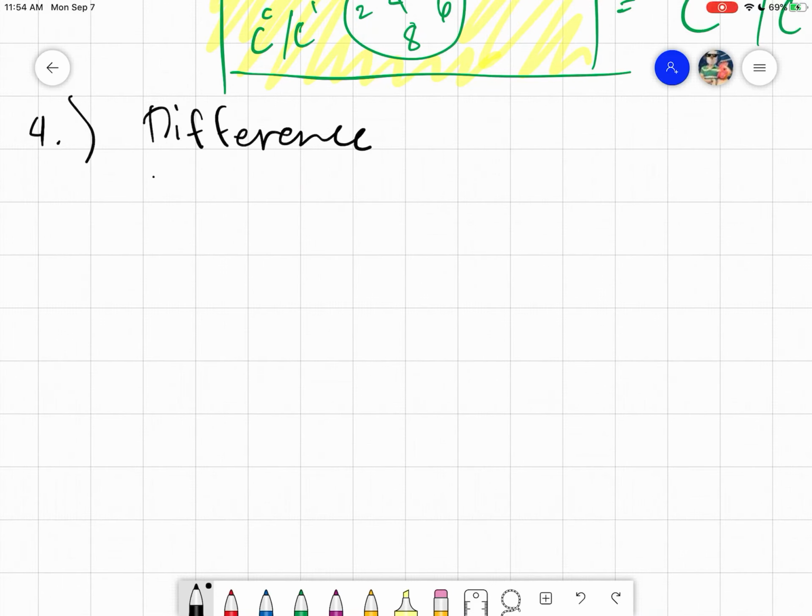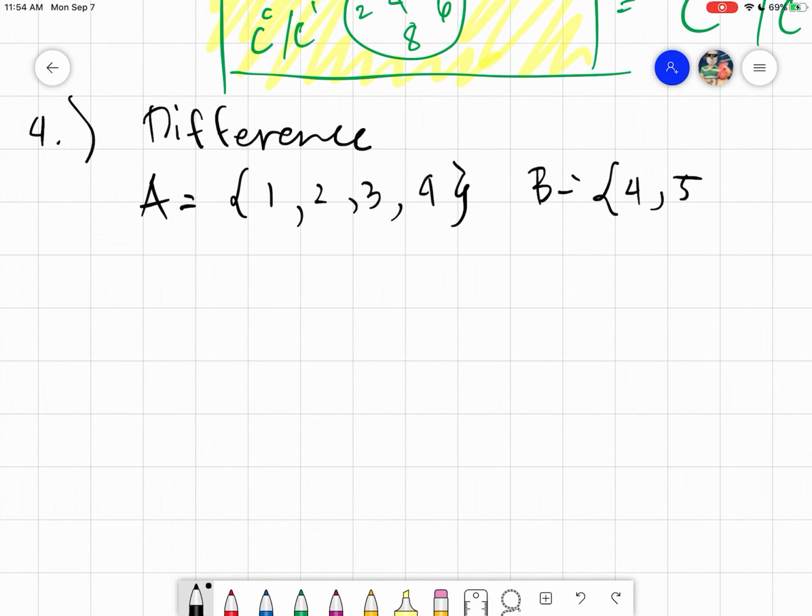Subtraction lang po kumbaga. So for example, we have set A having the elements of 1, 2, 3, 4. And our set B is equals to 4, 5, 3.